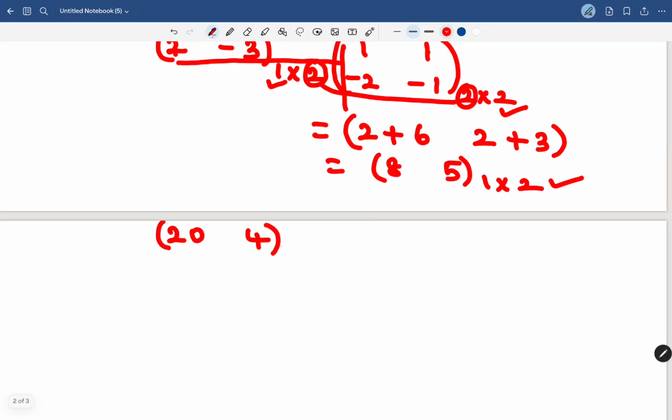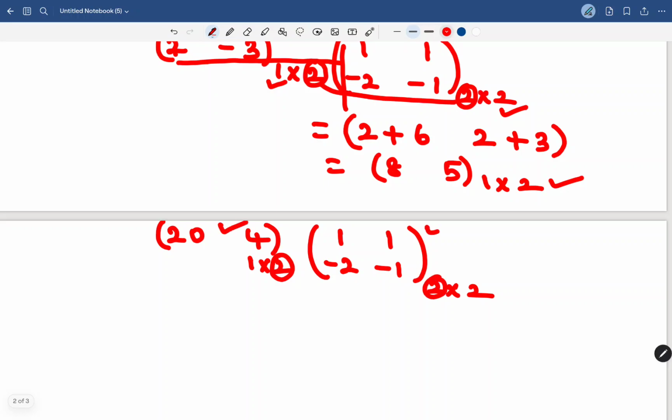Now multiply 24 with 1, 1, minus 2, minus 1. Again this is 1 cross 2 and this is 2 cross 2, column is 2 and row is 2, so multiplication is possible.